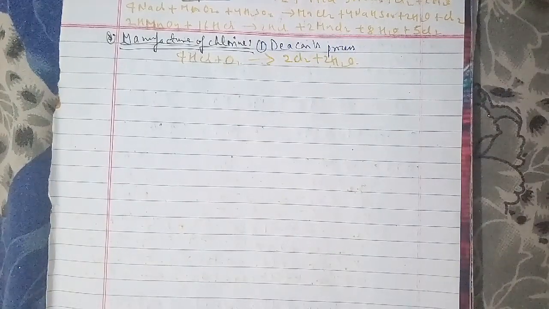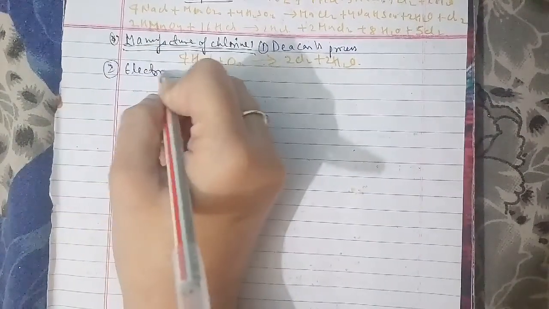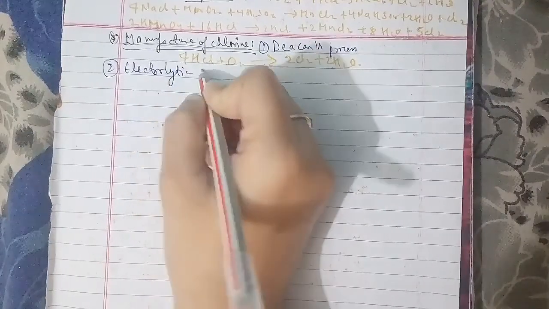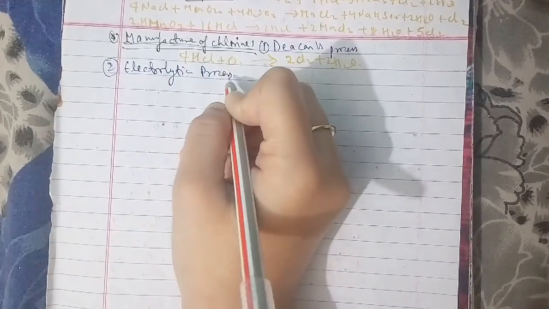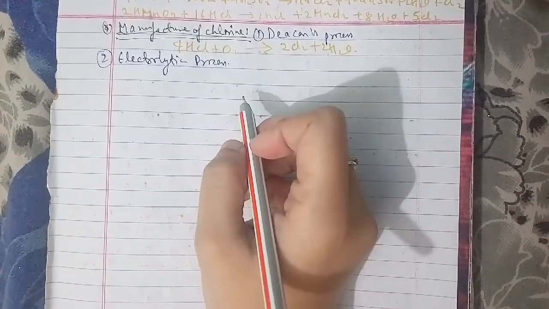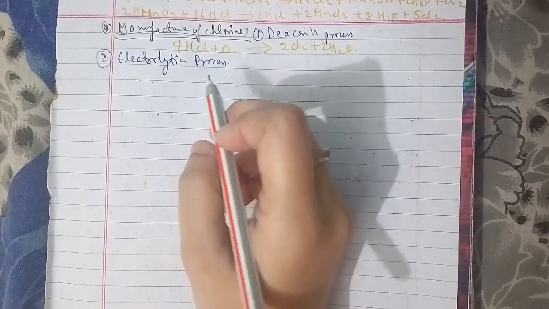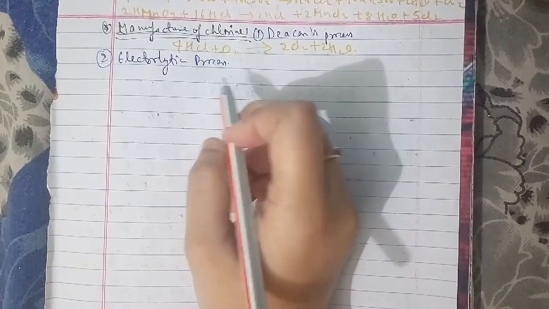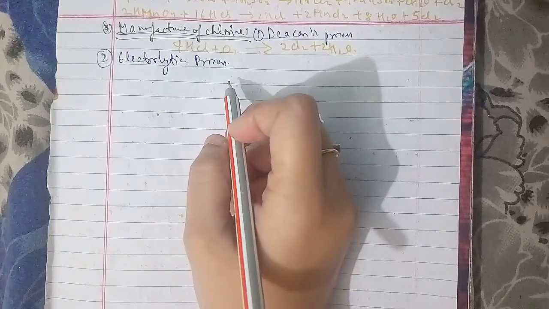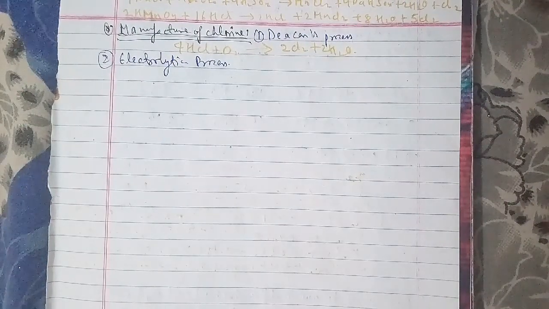Another equation is P4 plus 6Cl2, that will give 4PCl3. 2Na plus Cl2 will give 2NaCl. S8 plus 4Cl2 will give 4S2Cl2. 2Fe plus 3Cl2 will give 2FeCl3 here.